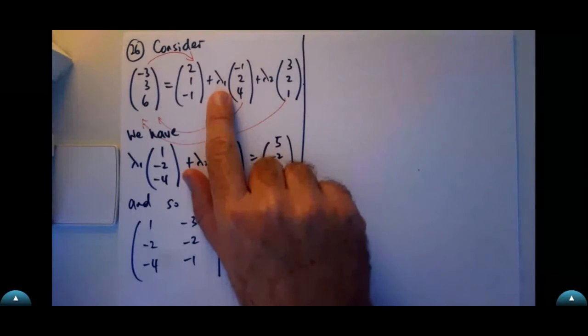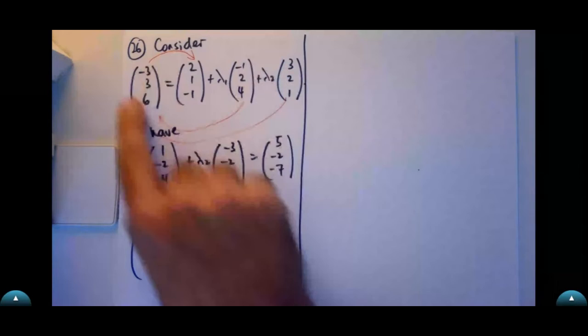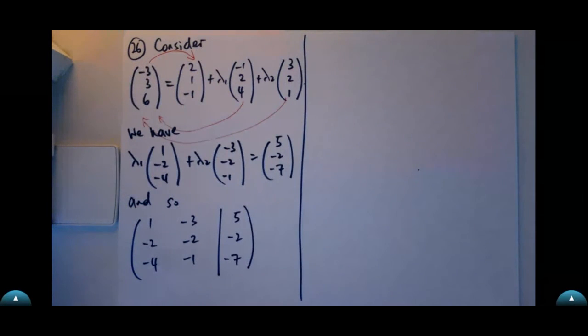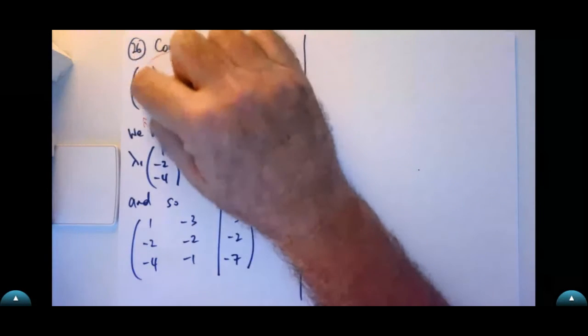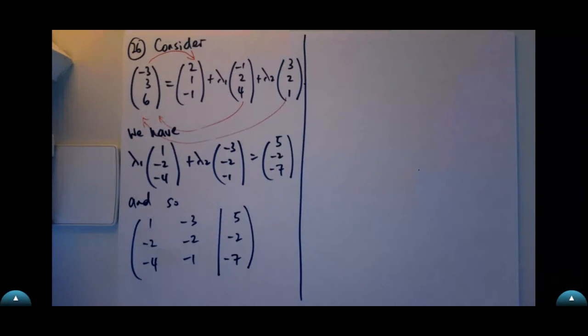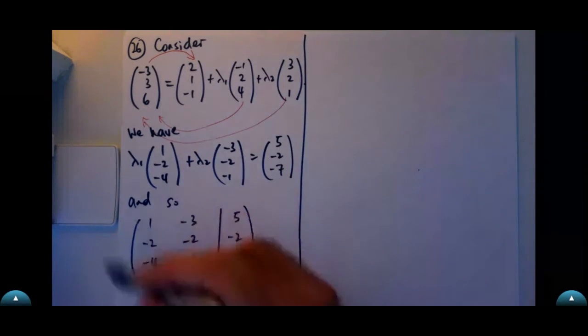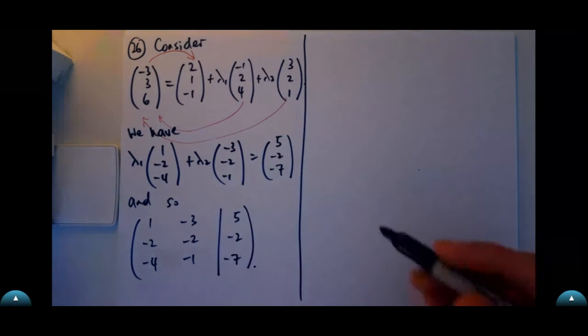And we want to say, is there a corresponding value of lambda 1 and lambda 2 that makes this thing true? That's kind of what we're asking here. So we've actually put in specific values of x1, x2, and x3. Okay, so let's row reduce this.